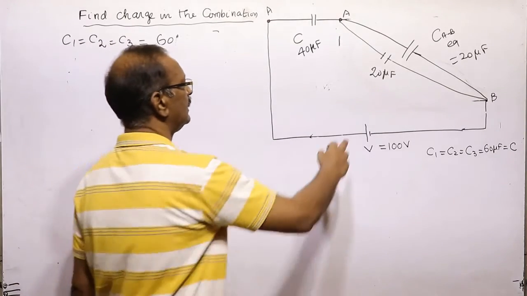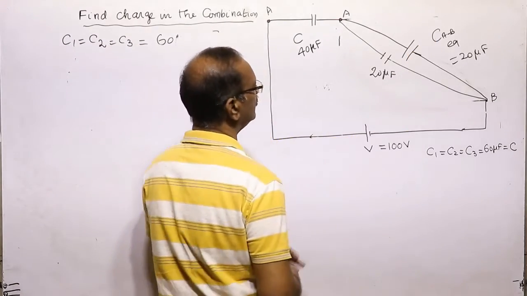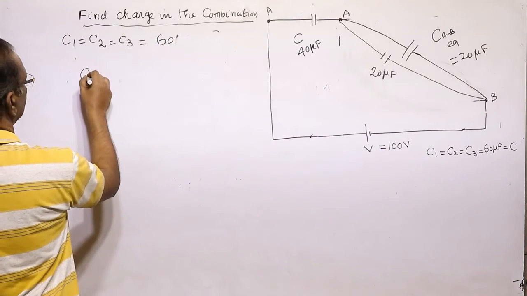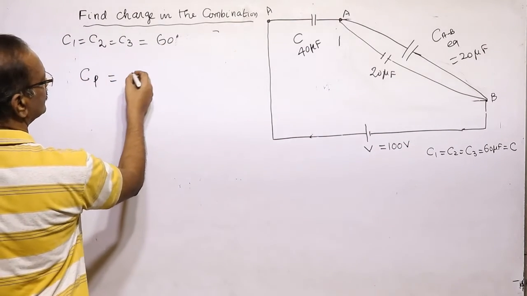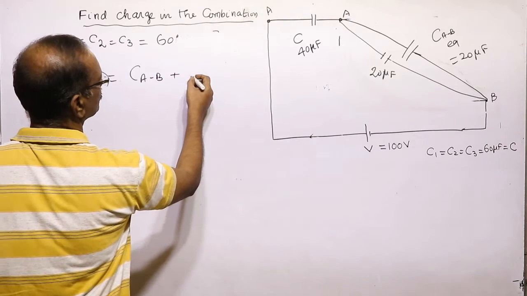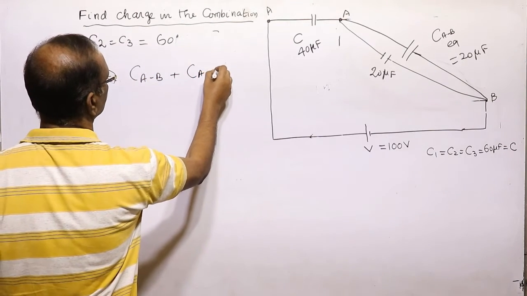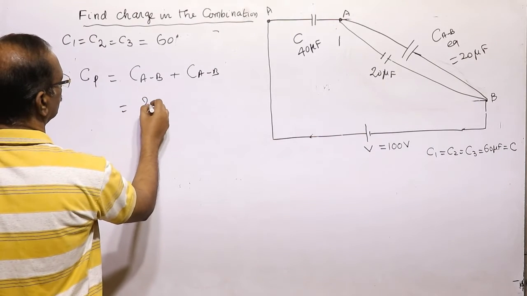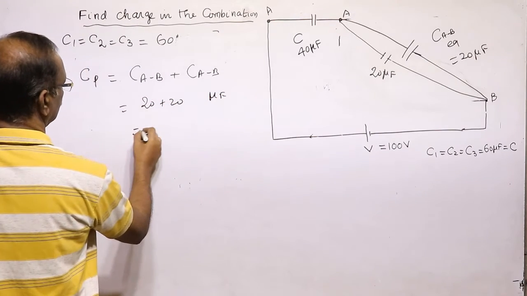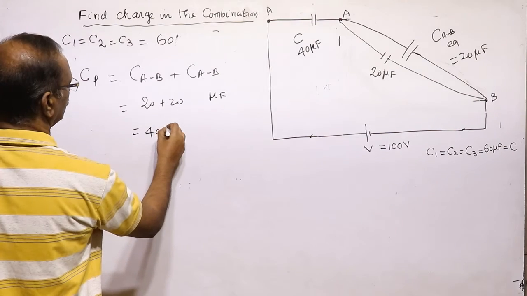Now this and this are in parallel between A and B. So C parallel is equal to C AB plus another C AB, both the branches, is equal to 20 plus 20 microfarad, is equal to 40 microfarad.